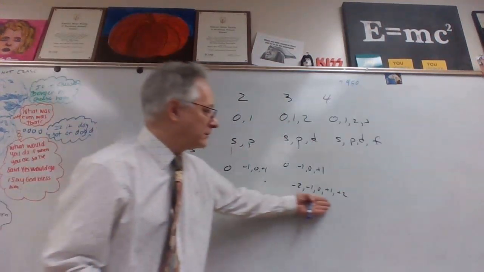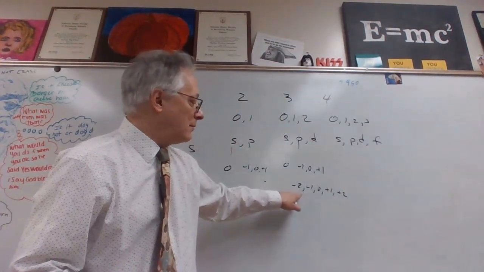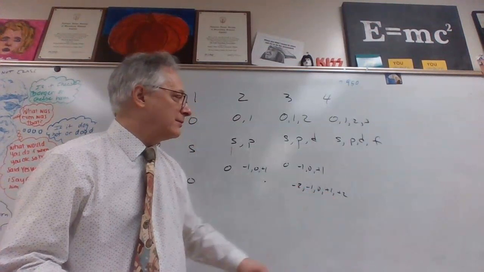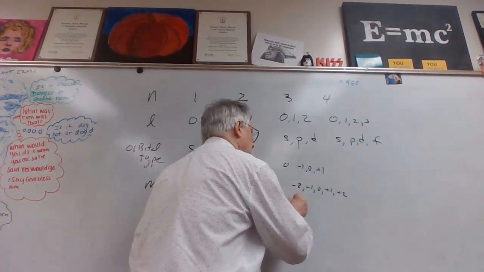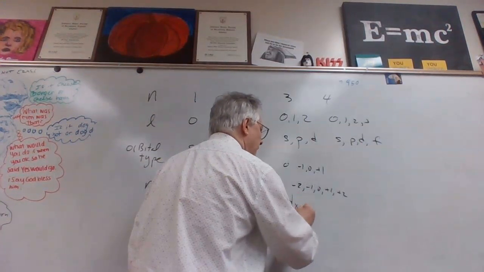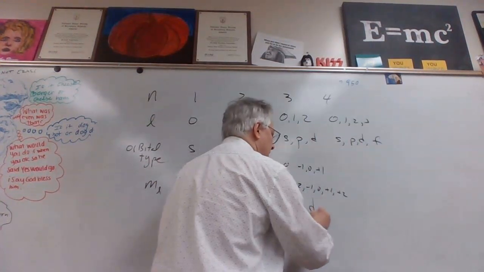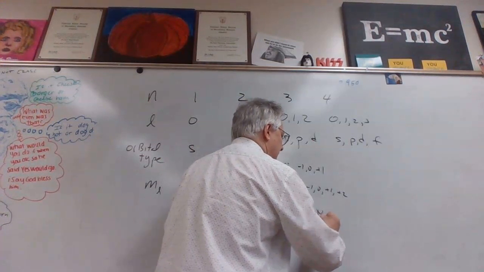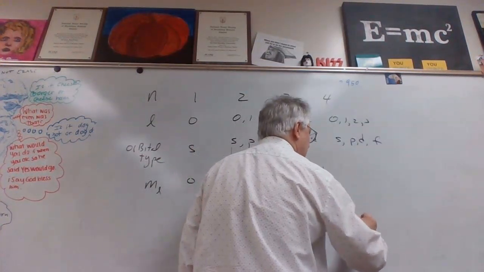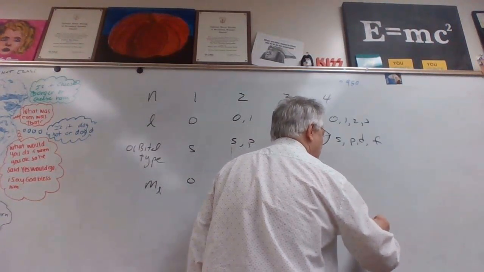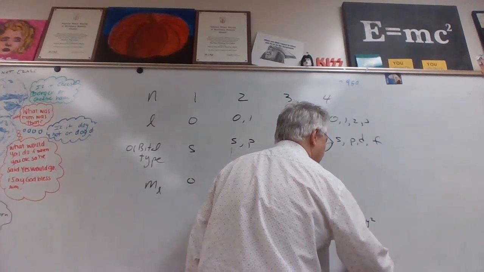These are the quantum numbers for the d orbitals, but they in fact have different names. The d orbitals have names. I'll write them down. We have dxy, dxz, dyz, d x squared minus y squared, and dz squared.